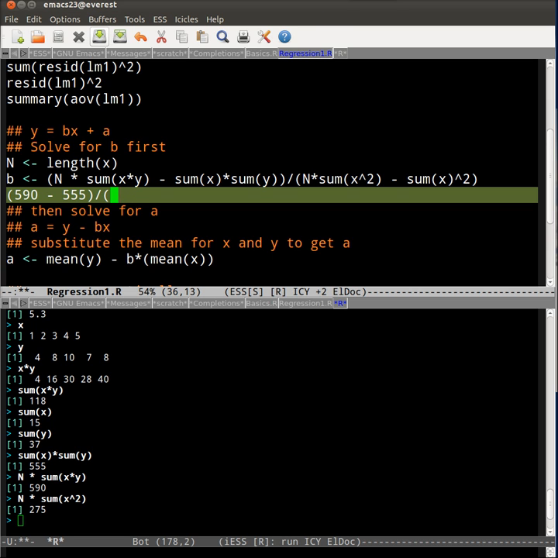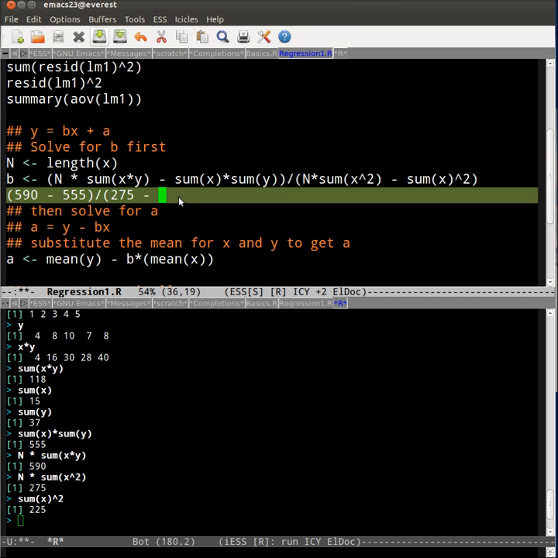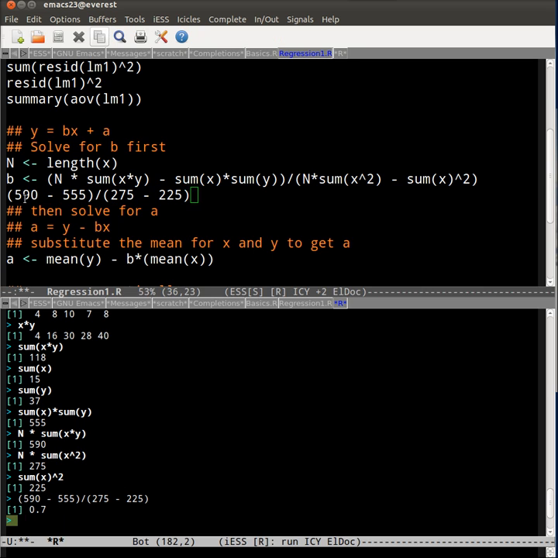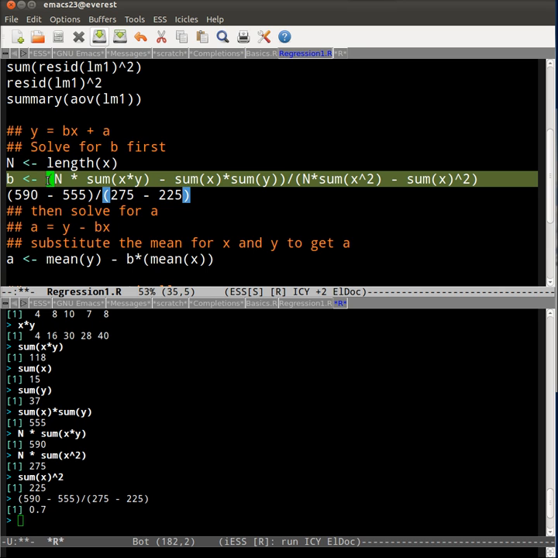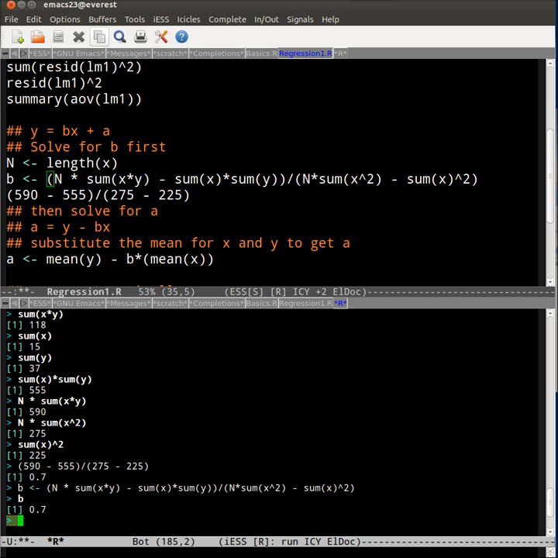So we're going to do 275 minus the sum of x, squared, which is 225. Now if I just execute that, I get 0.7. And so this right here is the numerical instantiation of this formula here. So if I just run this and then I type b, I get 0.7. And that indeed is our slope.